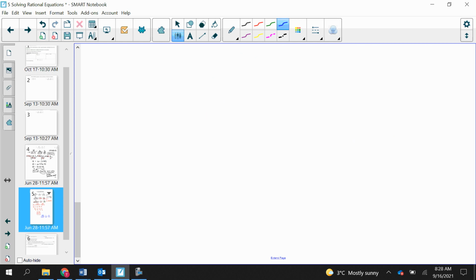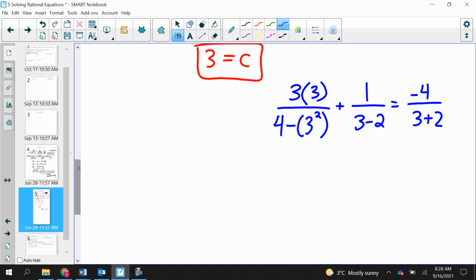So 3 times 3 is 9. 3 squared is 9, so 4 minus 9 is negative 5. 1 over 3 minus 2 is 1. And negative 4 over 5.